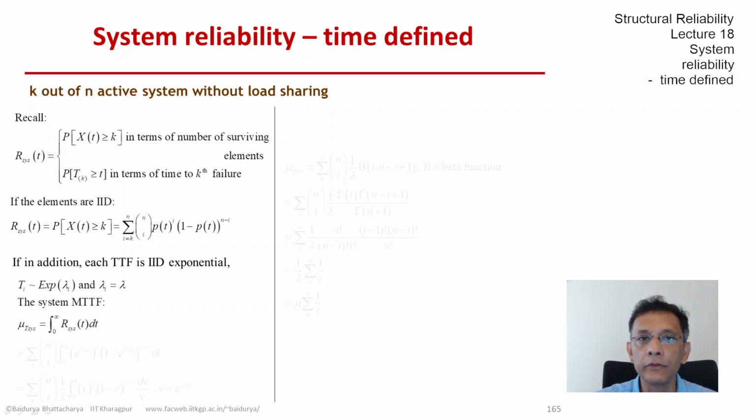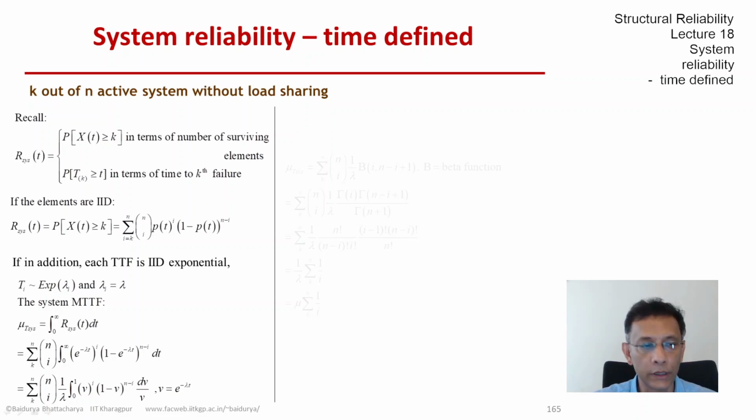The mean time to failure, as always, is the area under the reliability curve, and we can go through the steps. We write out the exponential PDF, the exponential form of the reliability for each element, substituting nu for exponential minus lambda t, where lambda is the individual parameter of the TTF.